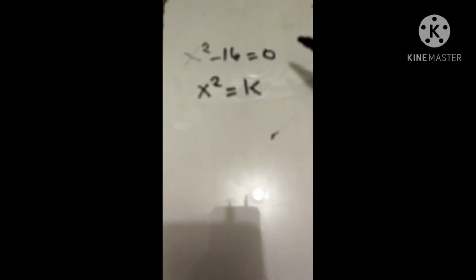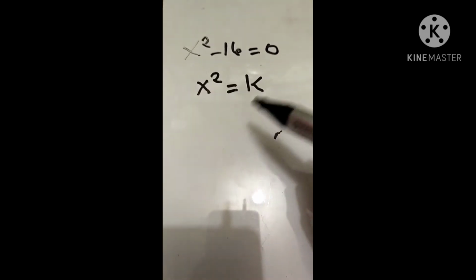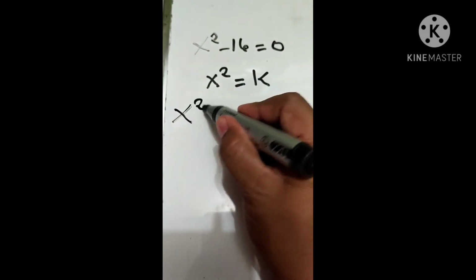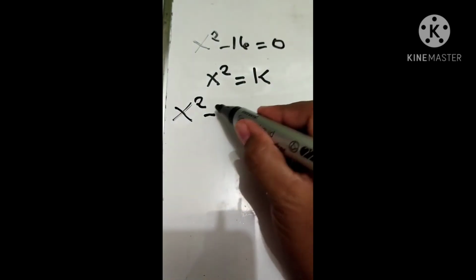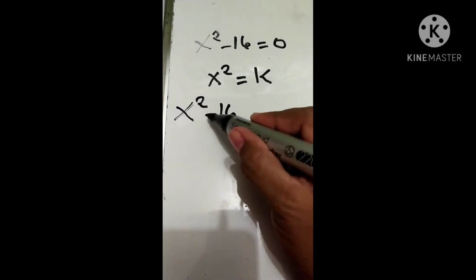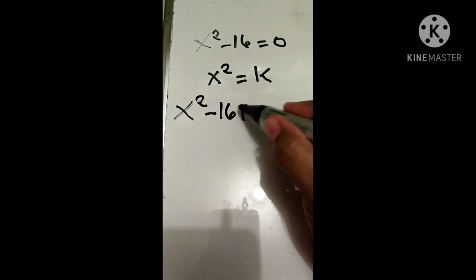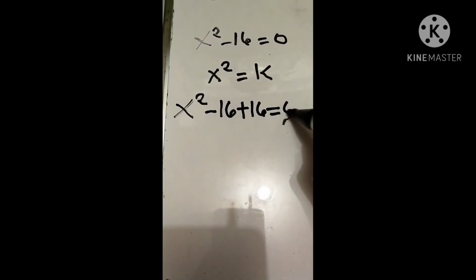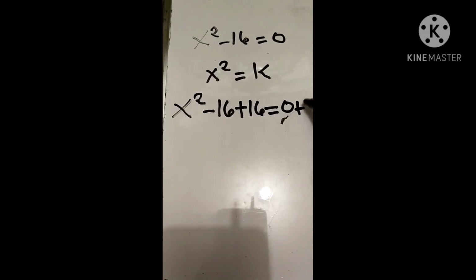How are you going to do that? We will add the opposite of negative 16, which is plus 16, equals 0 plus 16.